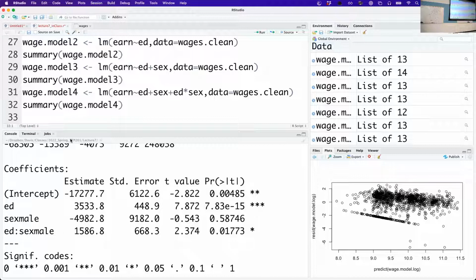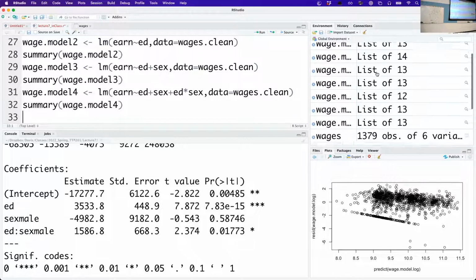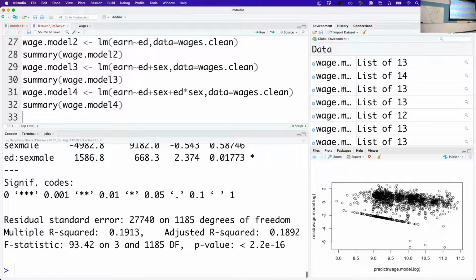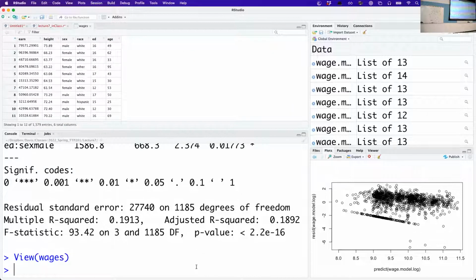We will be talking about model selection next class. Model selection refers to this idea that, okay, let me jump back to my data. Let's do view wages. This is a pretty small data set in the sense that there's not that many different variables.